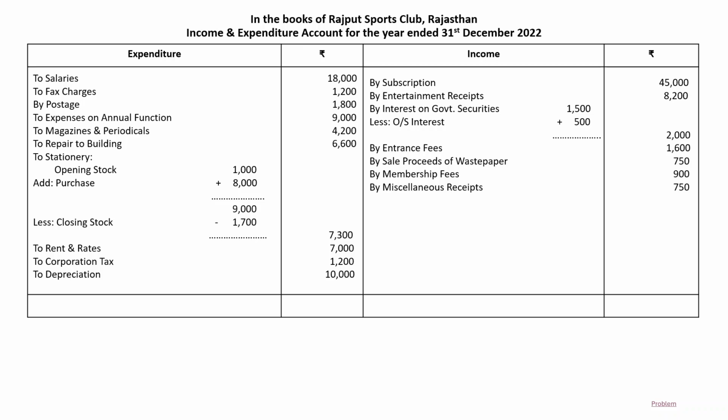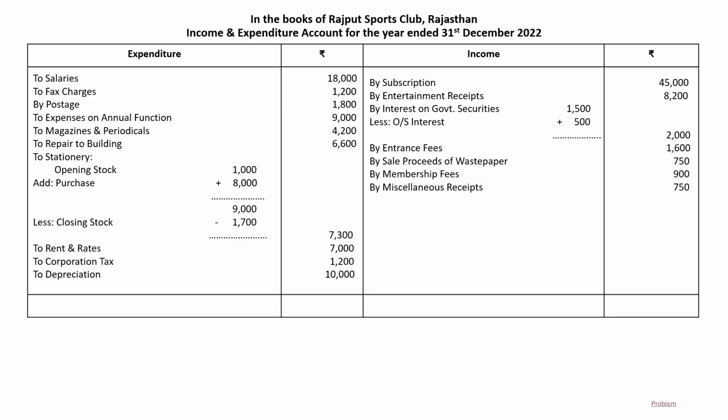We have to calculate the surplus, or we have to calculate the deficit. So if you take the total of the expenditure and the income, you can find out the expenditure side total is more than income side. Means expenditures are more than income. Therefore, there is a deficit to the income side.